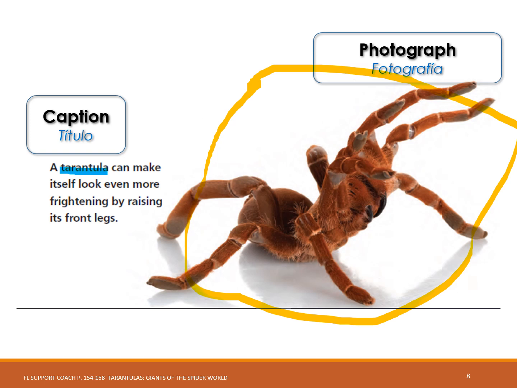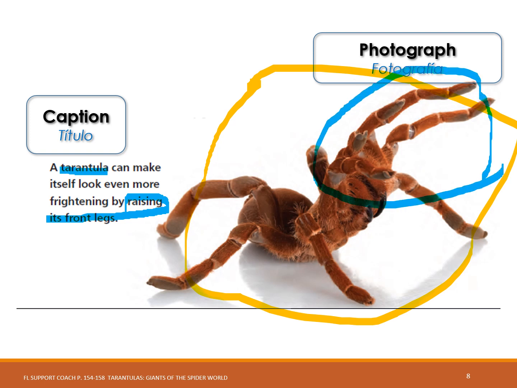And then what it's doing is raising its front legs. That's right here, the ones that are up. Okay, and then we learn why it's doing that, because it's making itself look even more frightening. Cool. I bet you this is still part of that section of how tarantulas are protecting themselves.